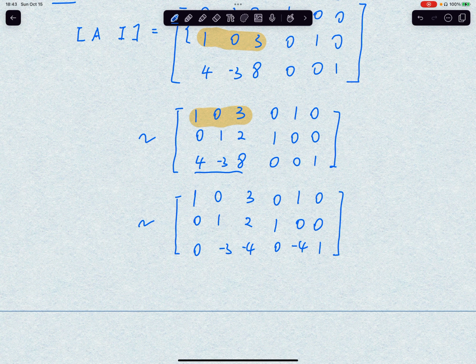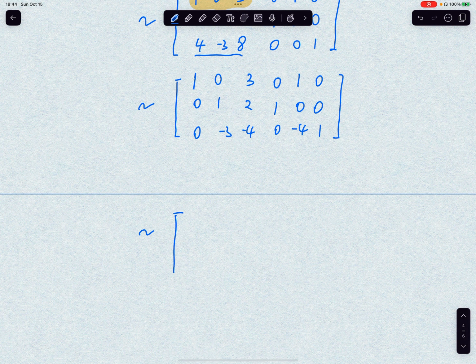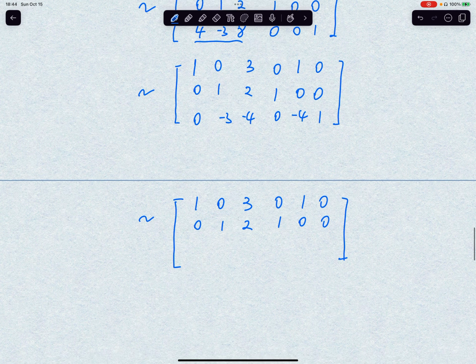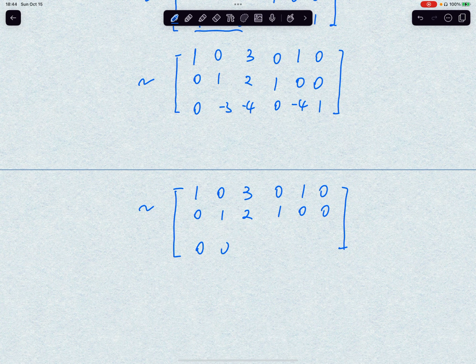And next, we want to eliminate our -3 here. So similarly, we will have 1, 0, 3, 0, 1, 2. And obviously, these two rows remain unchanged. And for the last row, our result is 0, 0, 0, 0, and something.